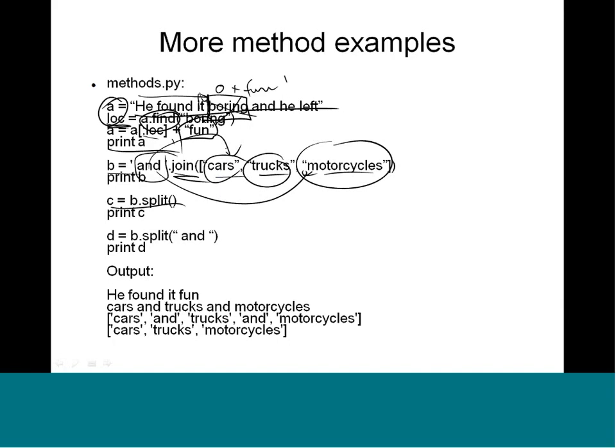Then C is defined as b.split, and when we print C, it prints each one as a different element in the string list or string collection. And then if we split the string b with this particular string, it takes out that string and only reports cars, trucks and motorcycles.